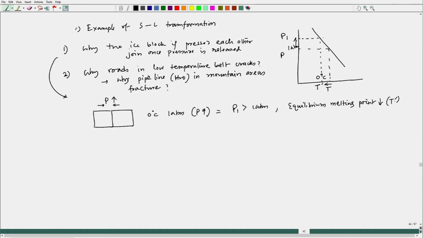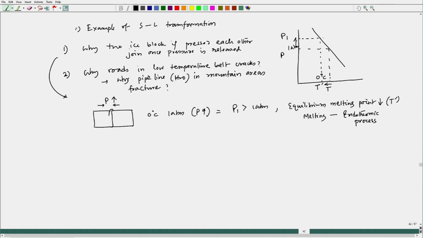Melting is an endothermic process. So, when the melting point drops, it takes heat, and the surrounding temperature is 0 degrees. When the melting point drops, that means it has to melt.